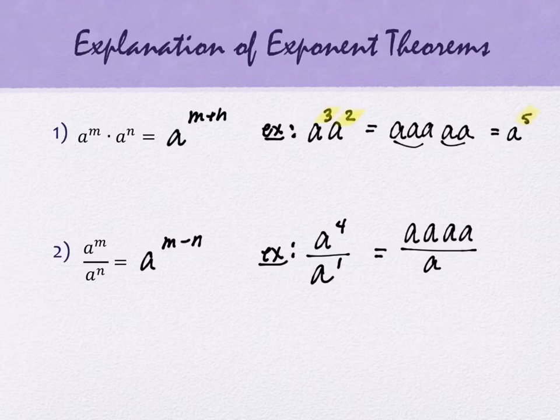And what can I do? Yeah, I cancel or reduce by a factor of a, which leaves me with a times a times a, which looks suspiciously like a to the 3rd. You're right. And if we look at this 3 and this 4 and this 1, we can see that 4 minus 1 is 3.